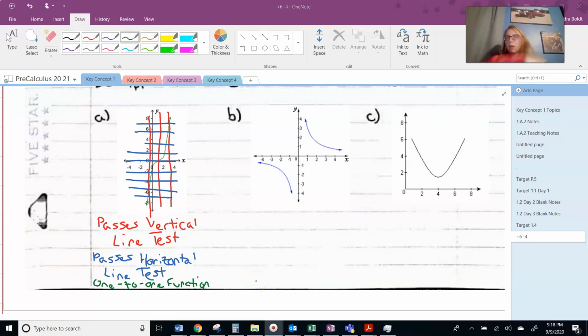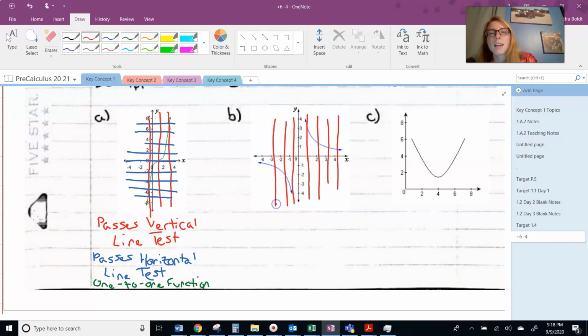Alright, if we look at B, same idea. Vertical line test. I can put a line anywhere. It has lines where it doesn't pass through it. That doesn't matter, but it does only pass through each line once. So it passes the vertical.